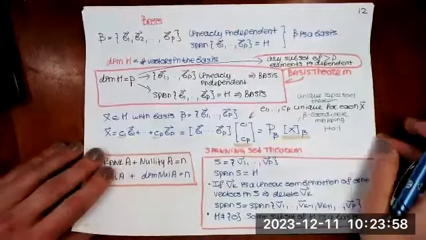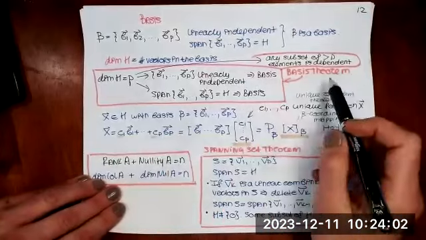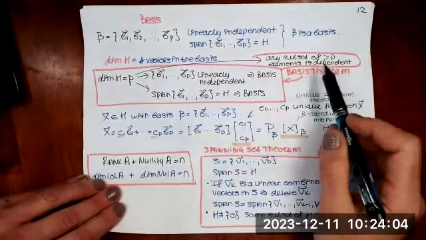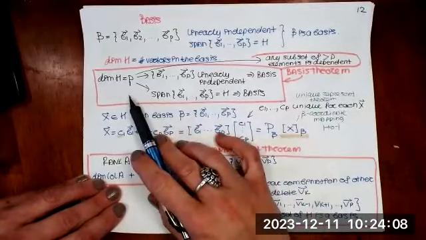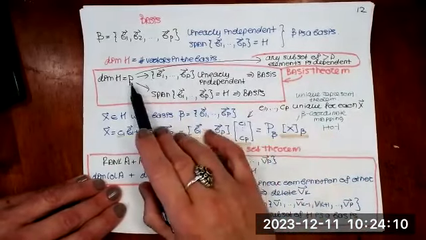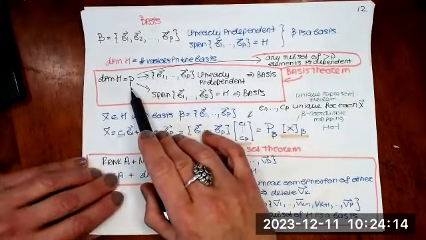Another consequence of this was called the basis theorem: if you have any subset of H of more than P elements, it would have to be linearly dependent.